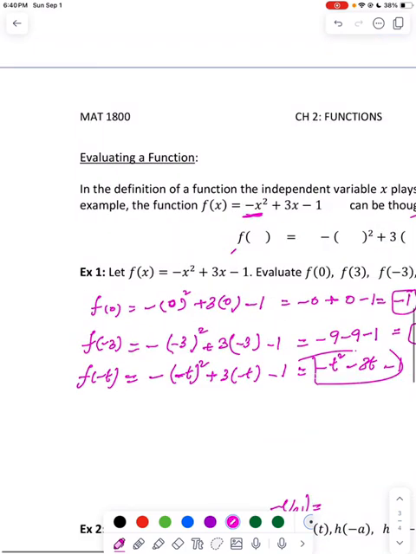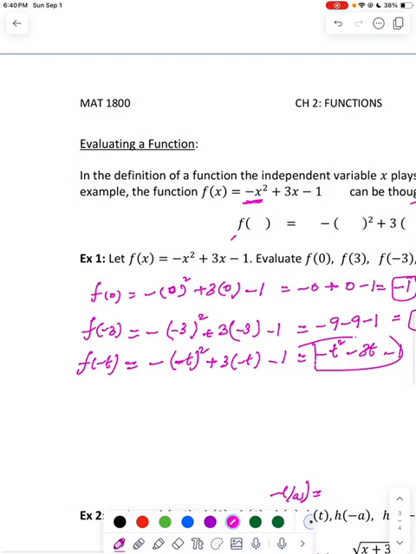I'll give you a couple of minutes to work on that. f of 1 over a. So what do we get?